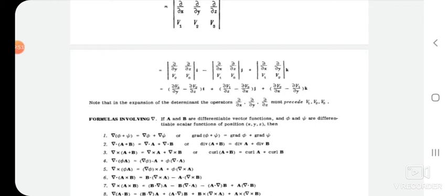If we solve this determinant, we get (∂v3/∂y − ∂v2/∂z) i plus (∂v1/∂z − ∂v3/∂x) j plus (∂v2/∂x − ∂v1/∂y) k.